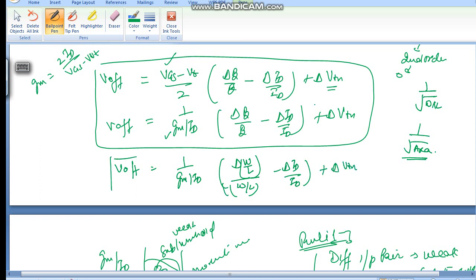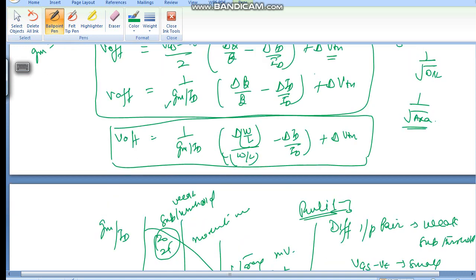So W by L should be large, width should be large, so that this term reduces. I should be large, then this term will be reduced, and the GM by ID term should be large. Then offset will reduce.